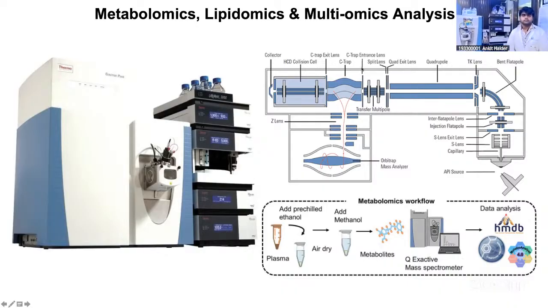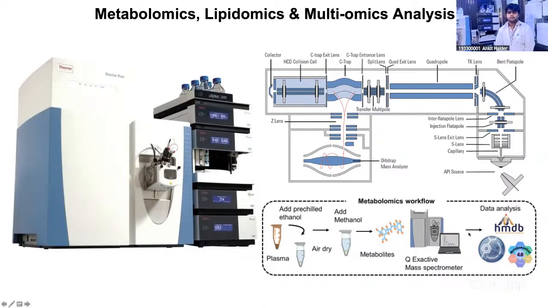The instrument we are going to show you now is another Orbitrap instrument, a hybrid, where we can do proteomics as well as metabolomics, but we primarily use it along with the UHPLC for metabolomics applications. Here we have the quadrupole Orbitrap, which is a hybrid, unlike the Fusion, which is a tribrid instrument with the ion trap added. The metabolomics workflow is quite straightforward.